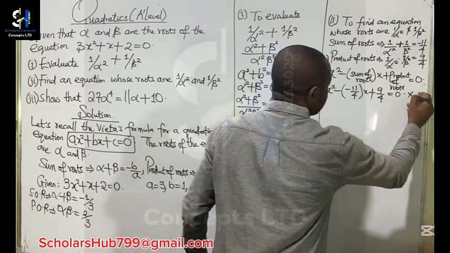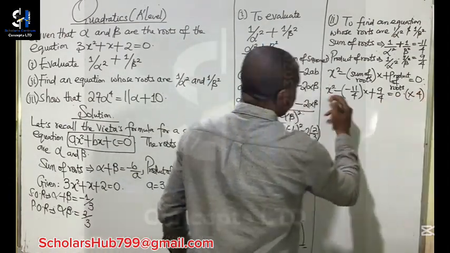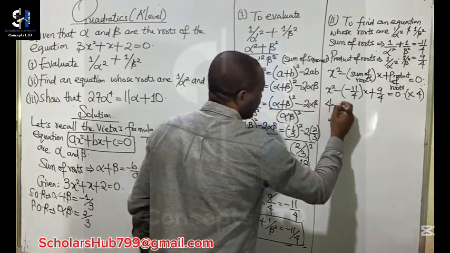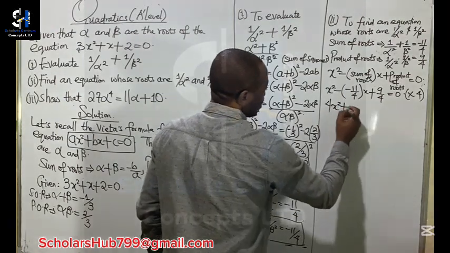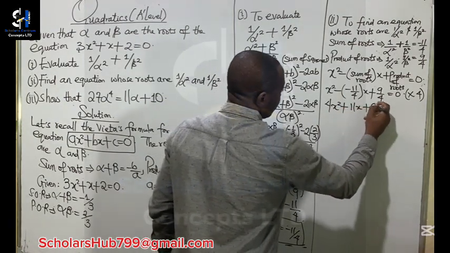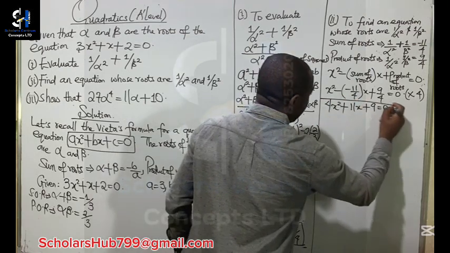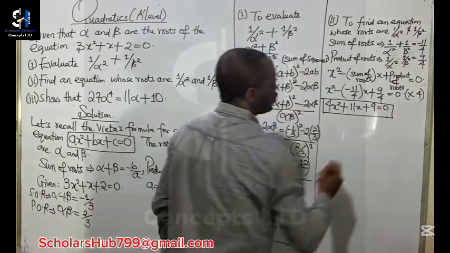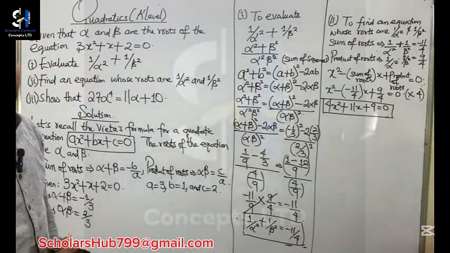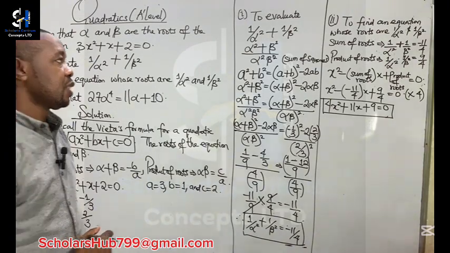When we multiply this equation by 4, we have 4x squared plus 11x plus 9 equals 0. And this is the equation whose roots are 1 over alpha square and 1 over beta square.